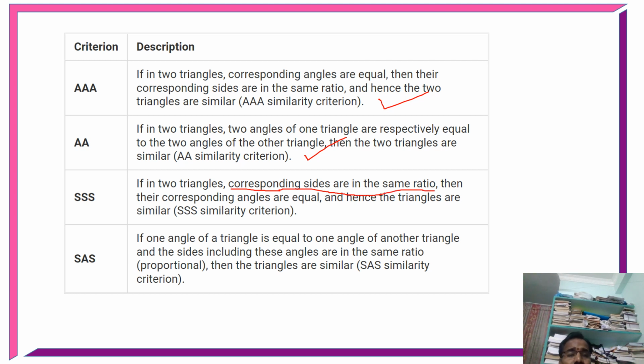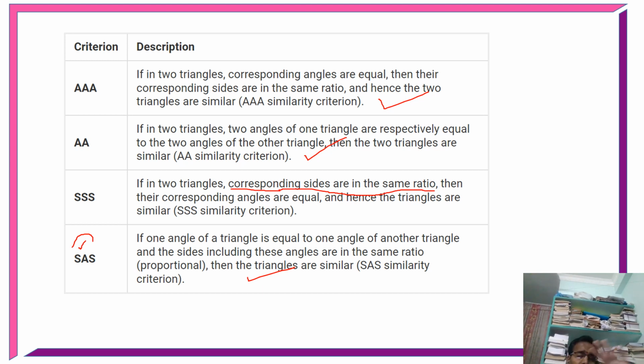Keep in mind, students. Next, SAS: two sides are proportional and the included angle is equal. If the sides are proportional and the included angles are equal, then the SAS similarity criterion is applicable. By using these four similarity criteria, we can prove any two triangles are similar.